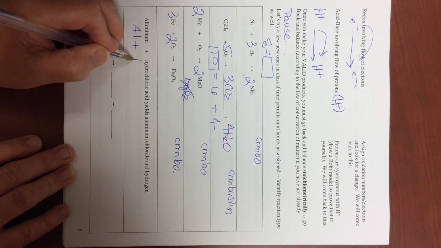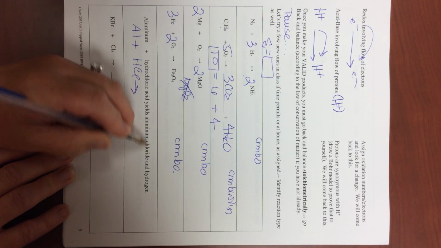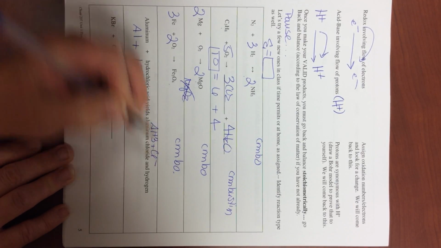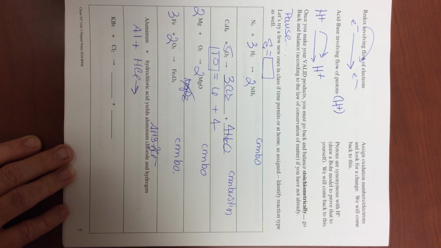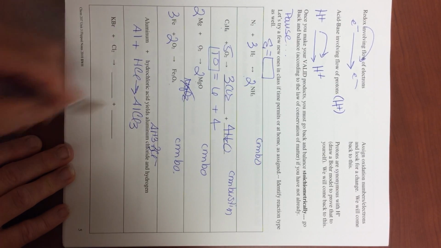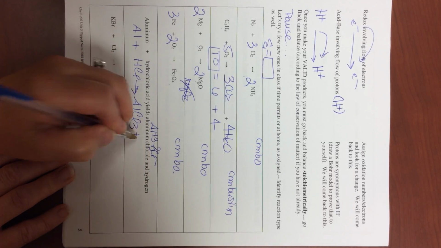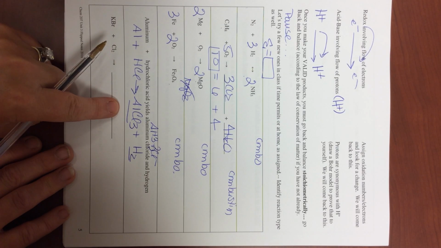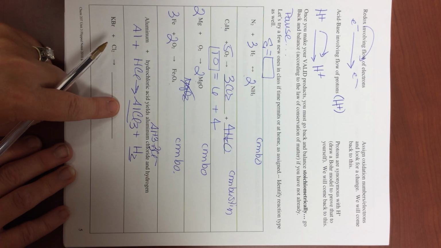Aluminum plus hydrochloric acid yields aluminum chloride, Al plus 3, Cl minus means I have to put 3 of those in. So AlCl3 is my valid formula, and hydrogen, remember, is diatomic. If you don't get those right, then you have a very hard time balancing.